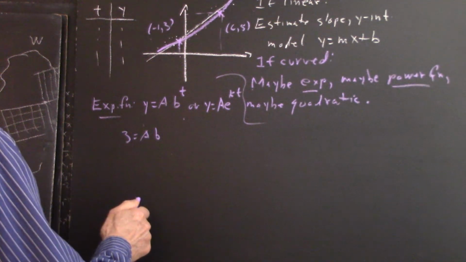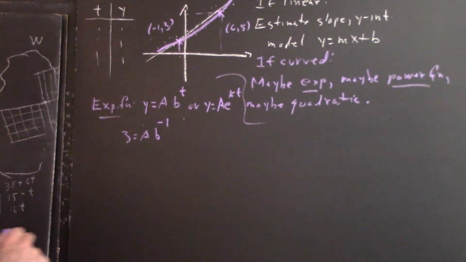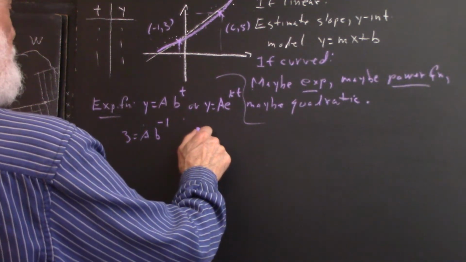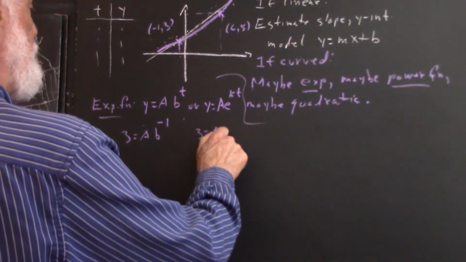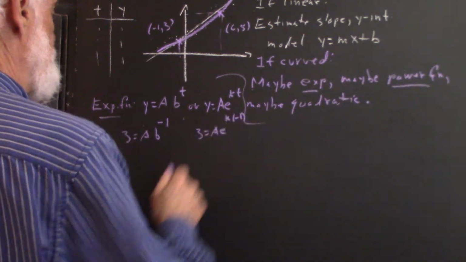And then that's a times b to the t. t is -1. If it's this form, it would be 3 equals a e to the k times -1.